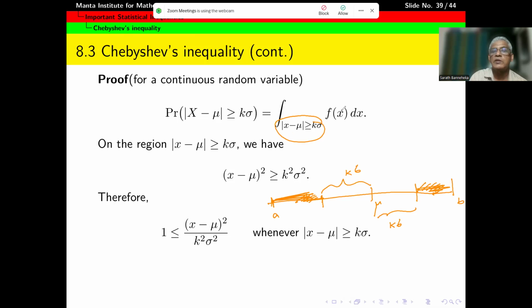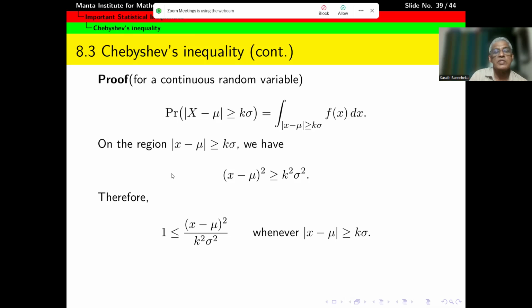And this probability will be equal to integrating the density over this and this, the summation. So you can write that as the integration of fx on this region plus the integration of fx on this region, right? On this region, that is x in the region |x minus mu| greater than or equal to k sigma, we know that (x minus mu) square is going to be greater than or equal to k square times sigma square.